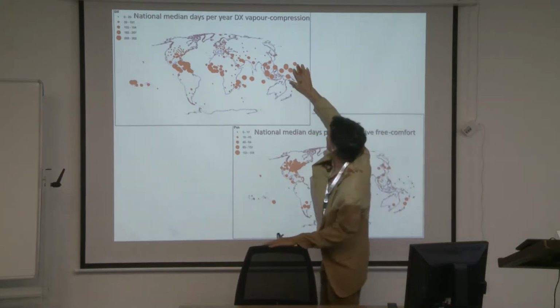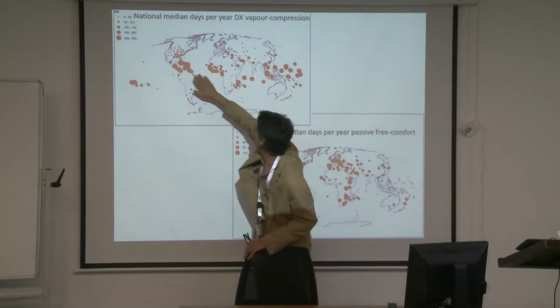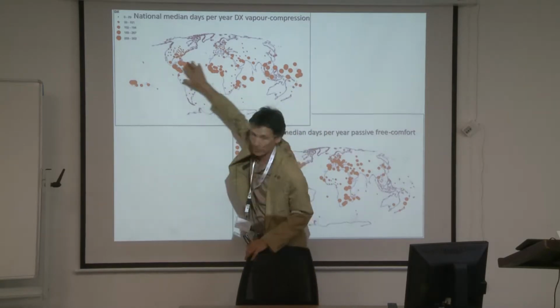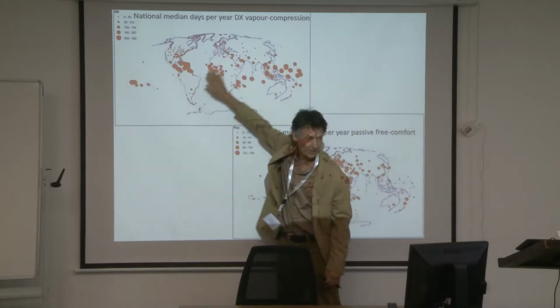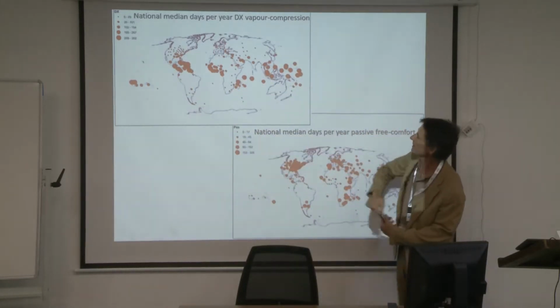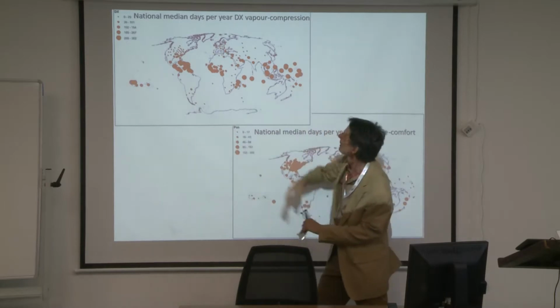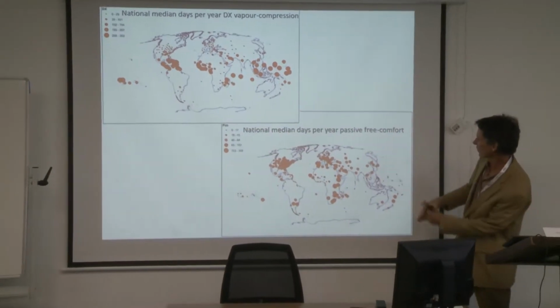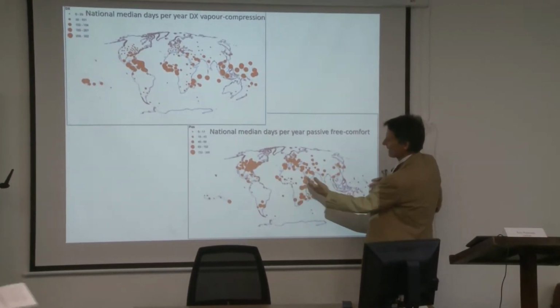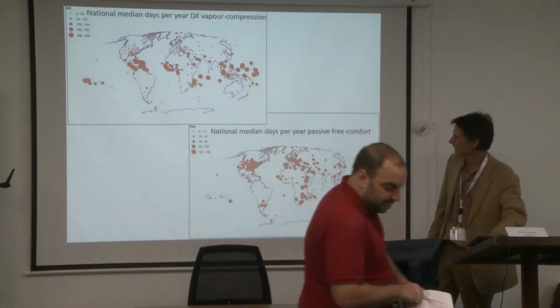But you can see that DX is a very large number of days per year in the global south. They're just needing aircon all the time. We have a lot of time in high latitudes, even in the Middle East, when we don't actually need aircon. And here's where passive comfort days increase substantially.